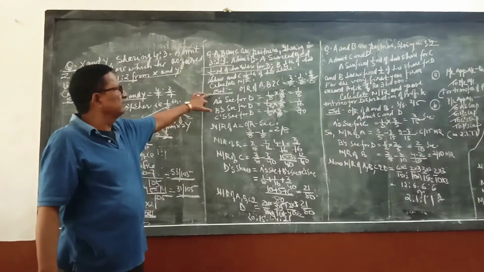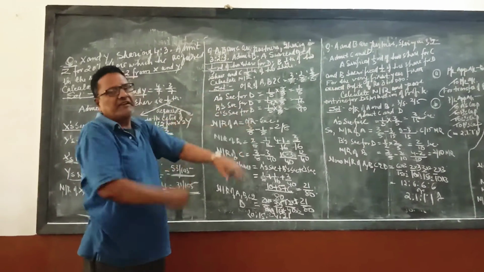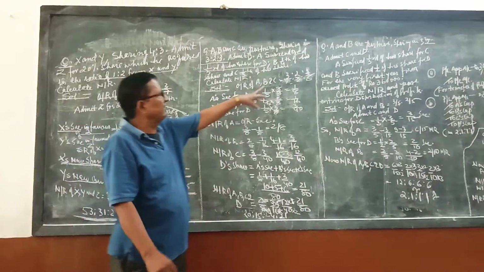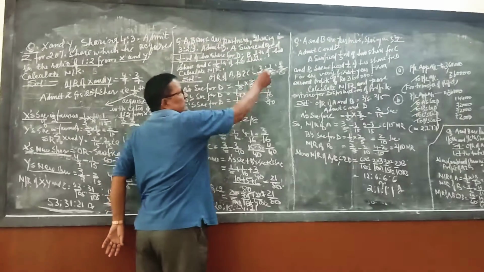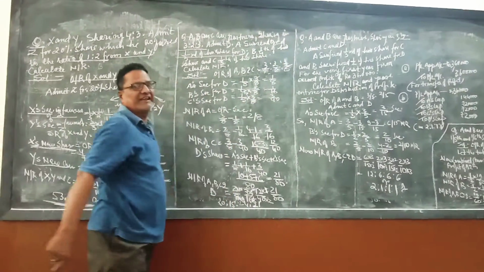So solution. See, old ratio of A, B, C is given in the question, that is 3:2:3, that is 3/8, 2/8, and 3/8.